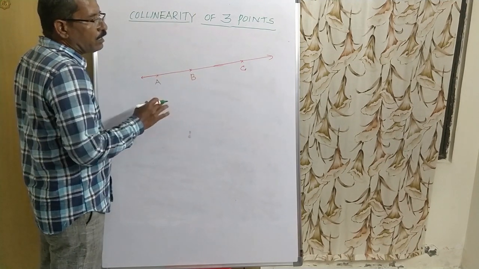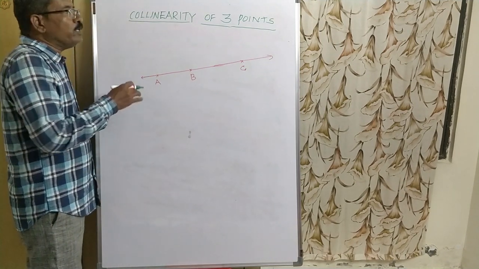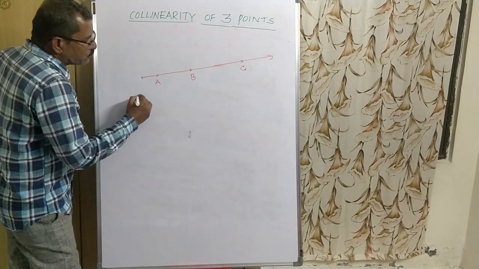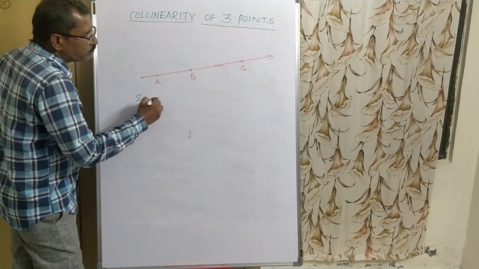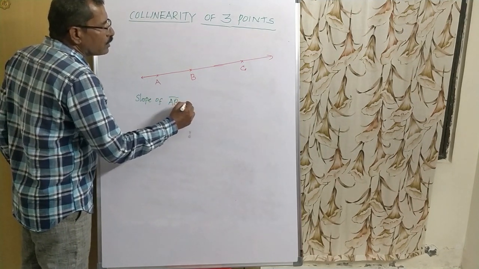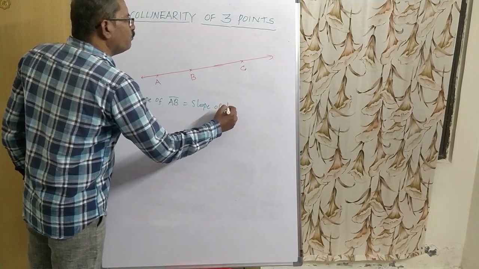In another way, by using the concept of slope, we say the slope of AB is equal to the slope of BC or the slope of AC.